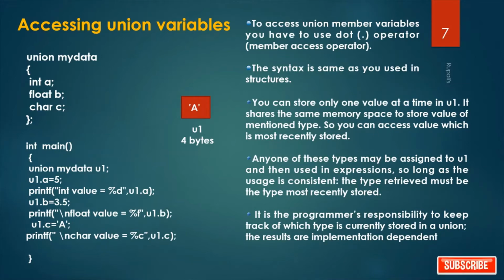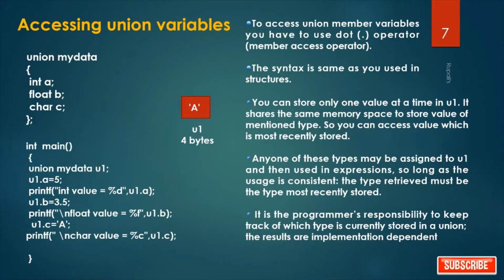It shares the same memory space to store a value of the mentioned type. So you can access the value which is most recently stored. When you store 3.5, you can print 3.5. When you store a, you can print a. When you store 5, you can print 5.